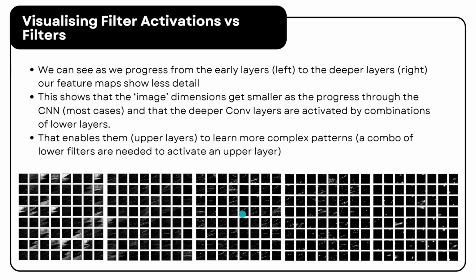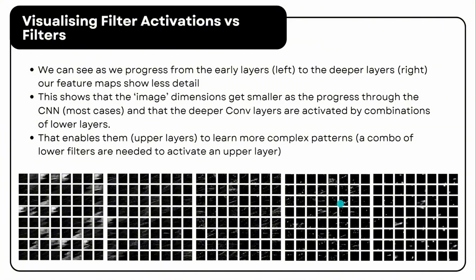So here's the important part. While the feature maps in the upper layers appear sparse or less detailed, they actually represent more complex and abstract patterns. Each activation in these deeper layers corresponds to a combination of multiple lower level filters.